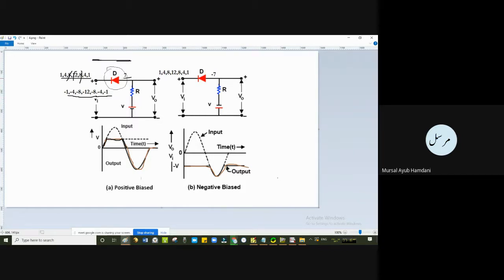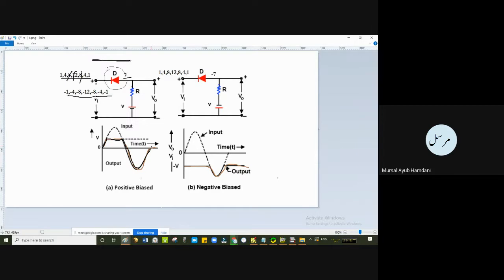So here it is always forward biased, because there is a positive value at the anode end, the positive end, while the cathode end, the negative end, is always lower. So it will always be short circuited, and the input will always come at the output. So it will accordingly follow the input.